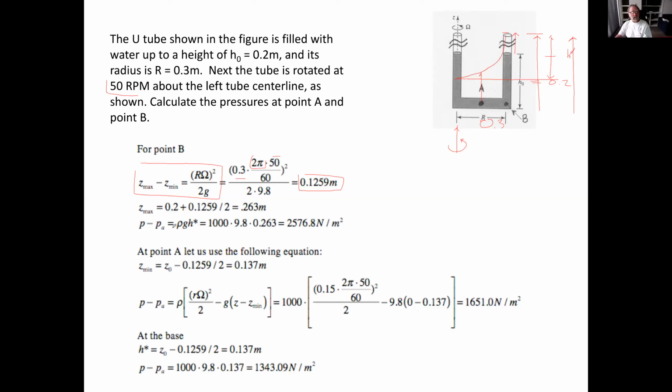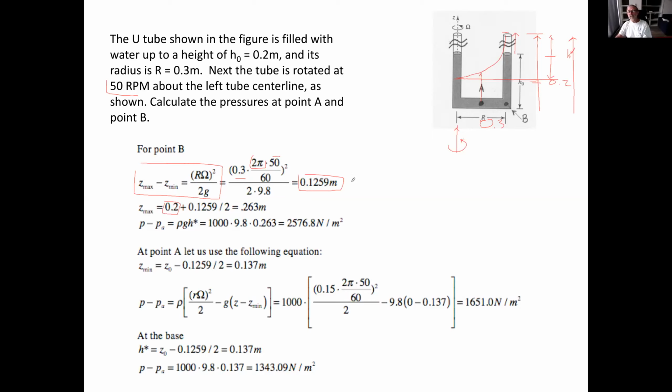The height in that tube is going to be equal to 0.2, or actually, sorry, not Z minimum, this is Z average. This was Z average, or Z0, plus 1/2 of the difference between the two.